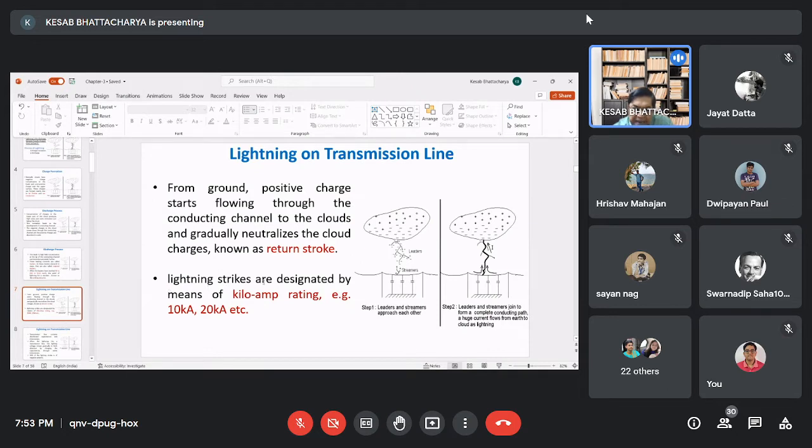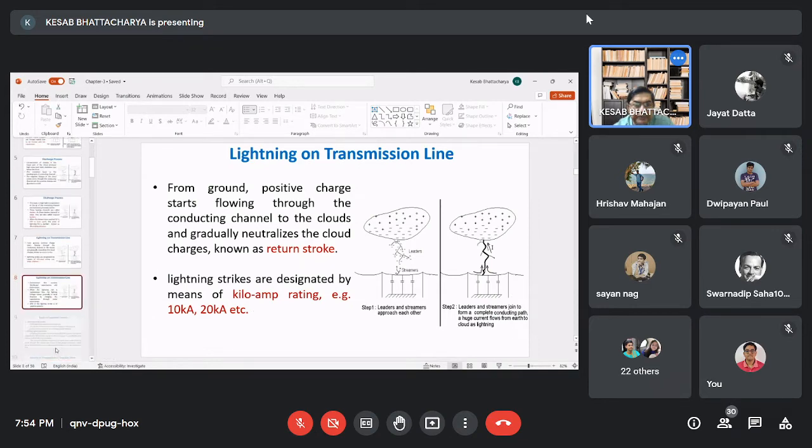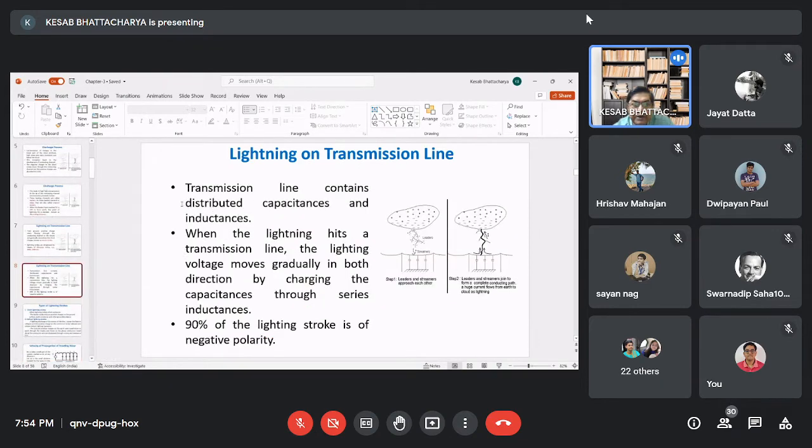Now, lightning strikes are designated by means of kiloampere rating, that is, 10 kiloampere lightning stroke or strike, 20 kiloampere lightning strike, like this. Lightning on transmission line: a transmission line contains distributed capacitances and inductances, that we all know.